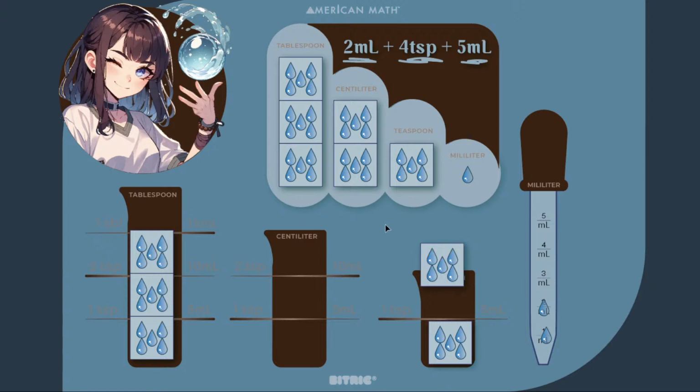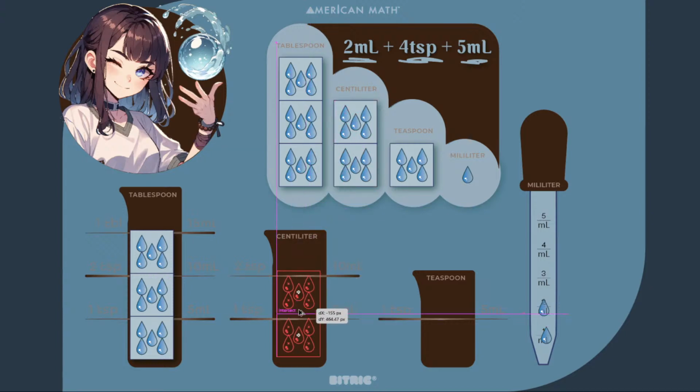So we can clear these two, boom, and carry in our centiliter, which consists of 2 teaspoons. So boom, everything's sitting comfortably. We don't need to add anything else. So we'd have 1 tablespoon, 1 centiliter, and 2 milliliters, or a total of 5 teaspoons and 2 milliliters.